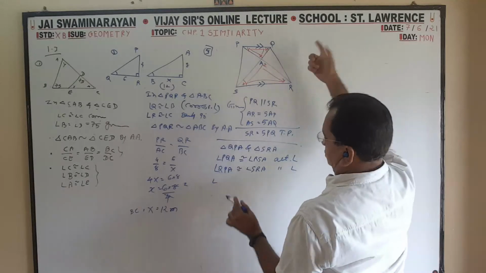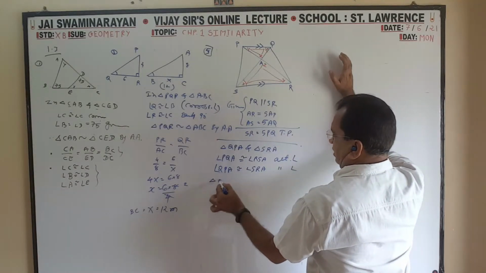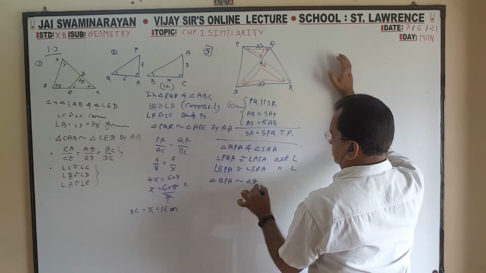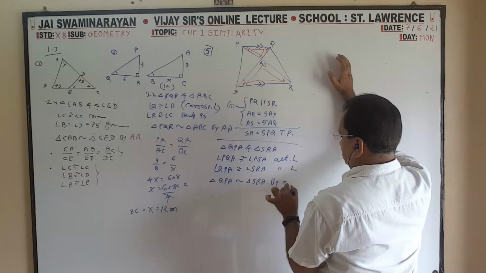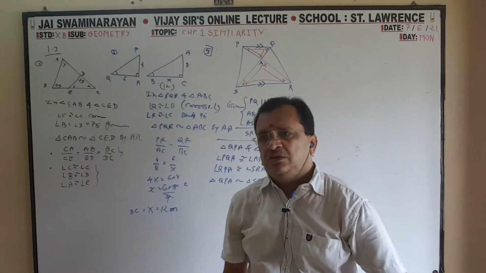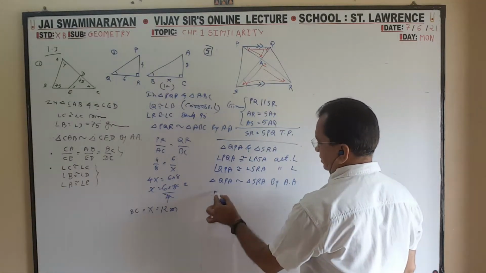Vertically opposite, or no need to write, directly you can write AA test. Third also you can write, but no need. By AA test, both the triangles are similar.